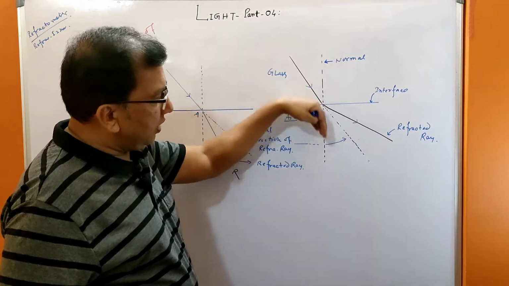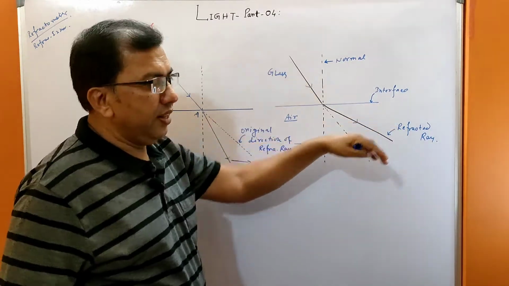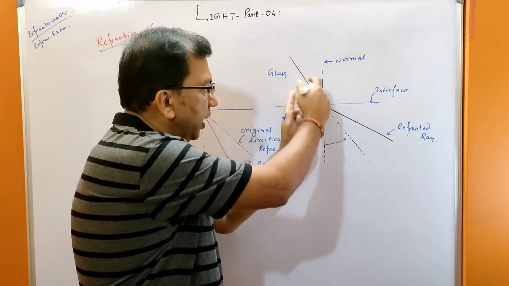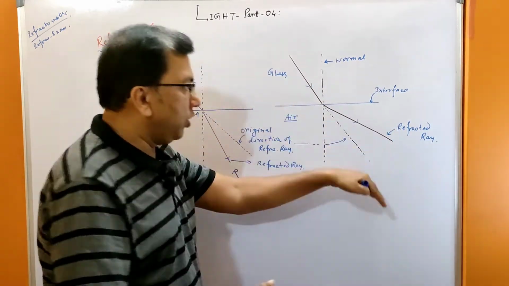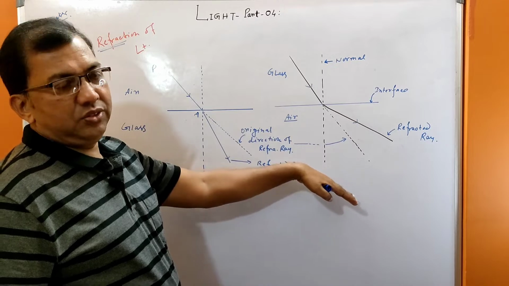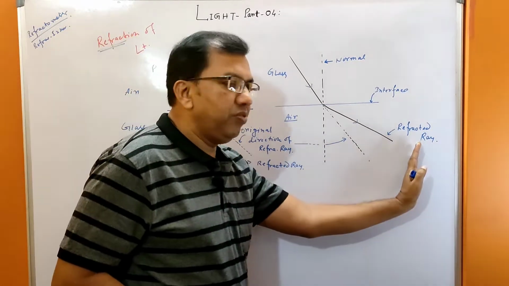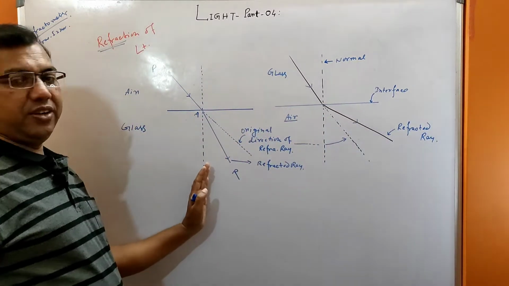That is, in the oblique passage between media, the path of the light has bent. This bending is known as refraction. In this case it is away from the normal; in the other case it is towards the normal.